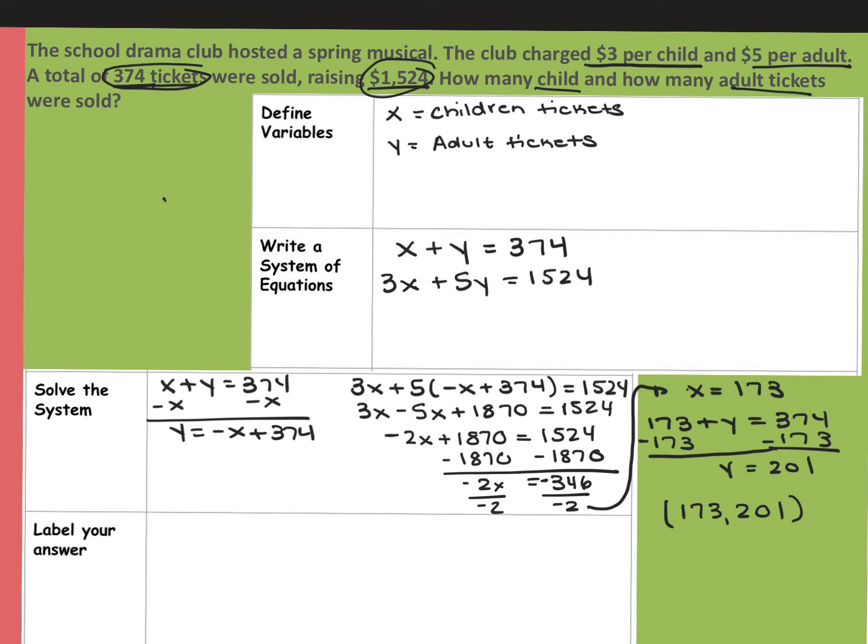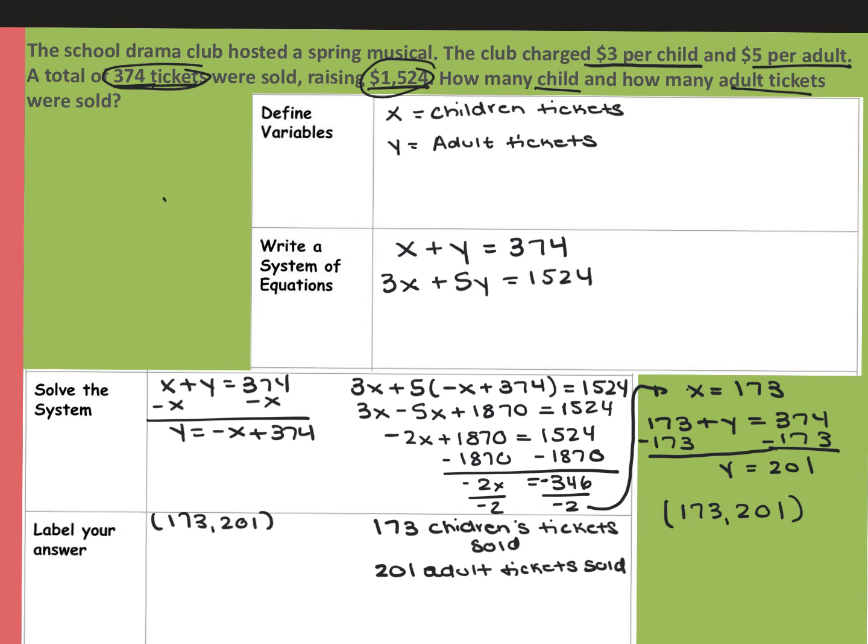What does that mean in context of the problem? It's not just simply our x and our y. What do they represent? Since x is 173, that tells us that 173 child's tickets were sold, and 201 adult tickets were sold.